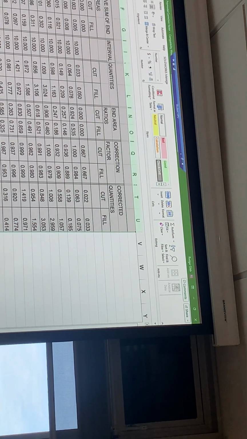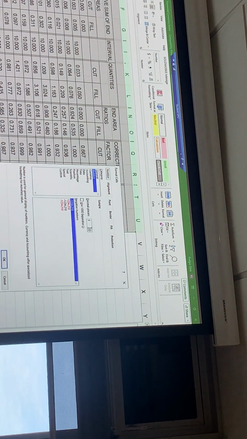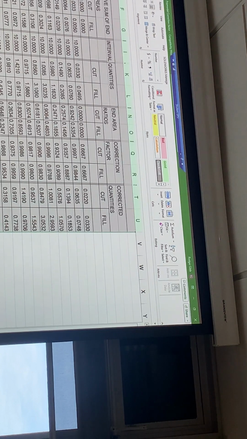Did that work? I'll make it 4. Format cells, 4 decimal places. Yeah, 4 is probably better.